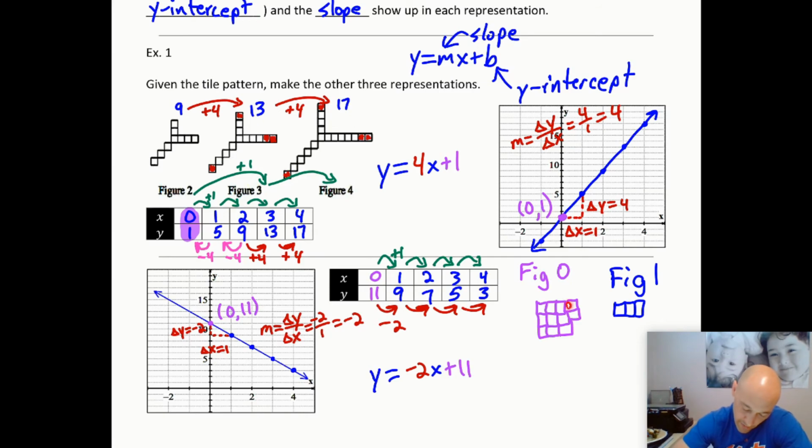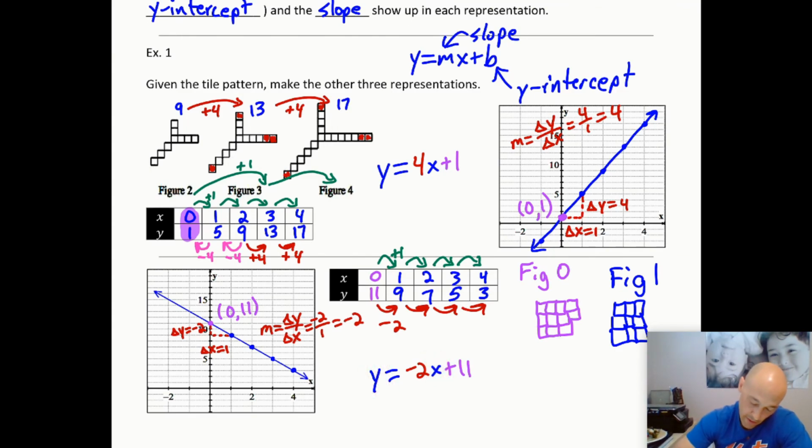And I'm getting rid of these tiles right there, those 2 tiles. 1, 2, 3. 1, 2, 3. So I got rid of these 2 tiles, and I'm left with these 9. So figure 1 has 9 tiles. And if I plugged in 1 here for x, the y value would be 9.